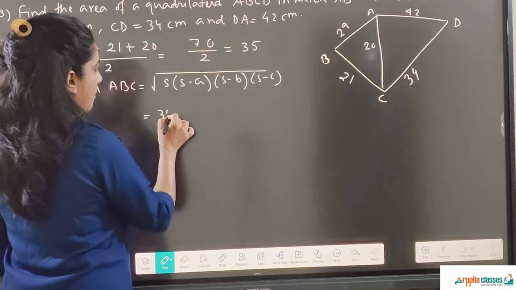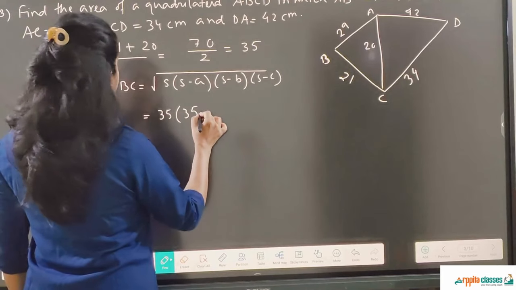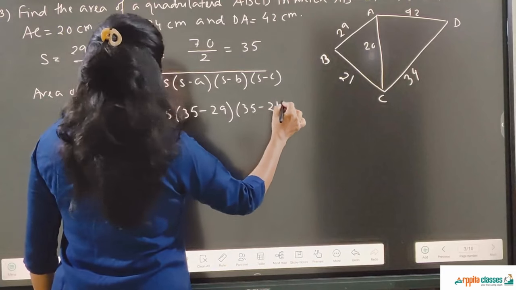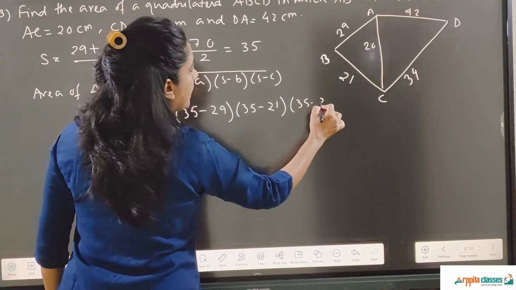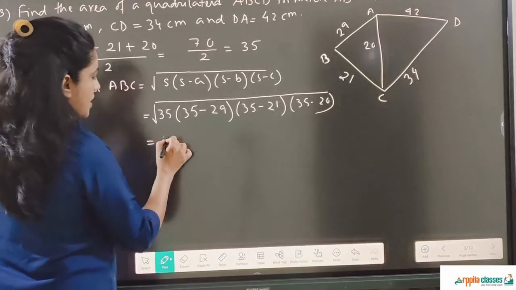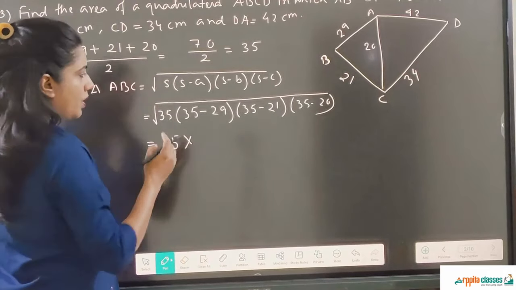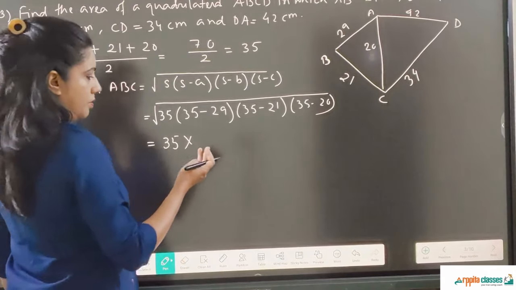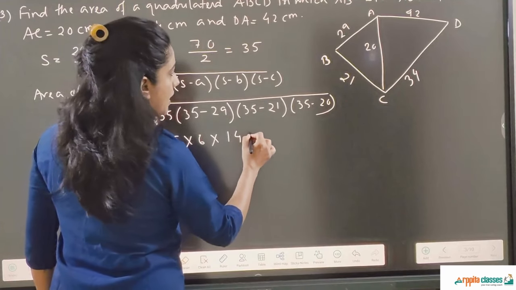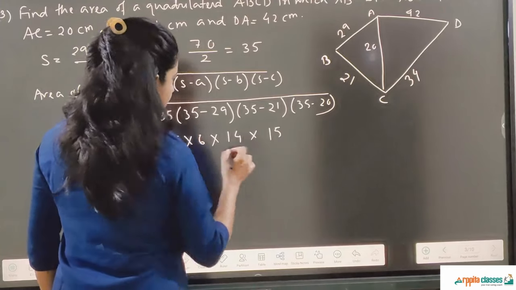So S is 35, 35 minus 29, 35 minus 21 and 35 minus 20. This everything is under root. So this is 35 into 6, this is 14 and this is 15.